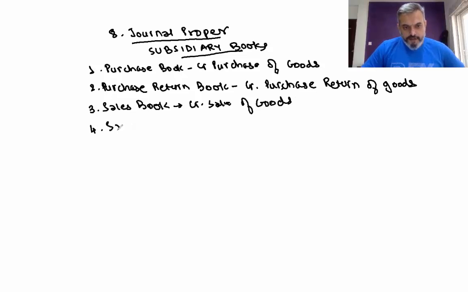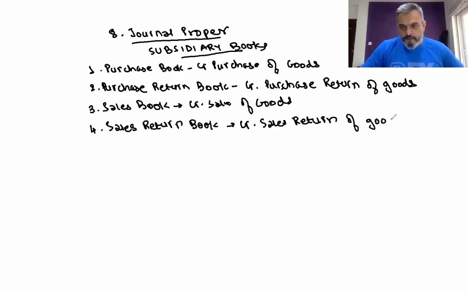Fourth, sales return book, where we record credit sales return of goods. So goods, what we have sold on credit, we are getting it back.